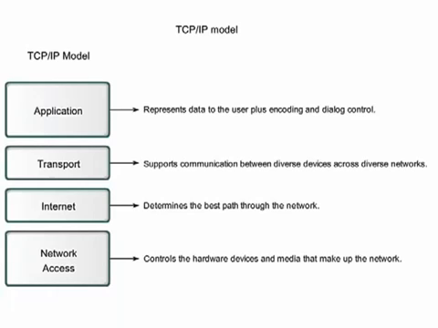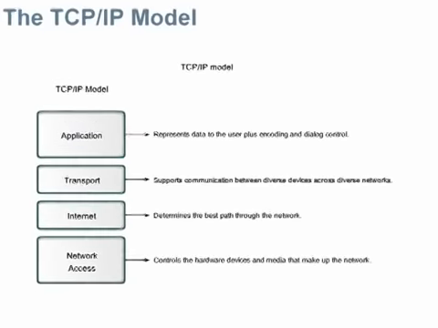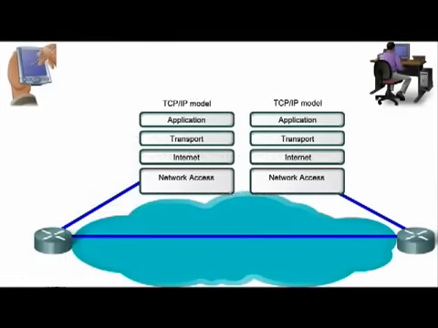These protocols, which are implemented on both the sending and receiving ends, interact with each other to provide the successful end-to-end delivery of messages. Let's look at how the communication process happens as explained in the TCP/IP model. First, the creation of data at the application layer of the source device. Next, segmentation and encapsulation of data as it passes down the protocol stack of the source device.